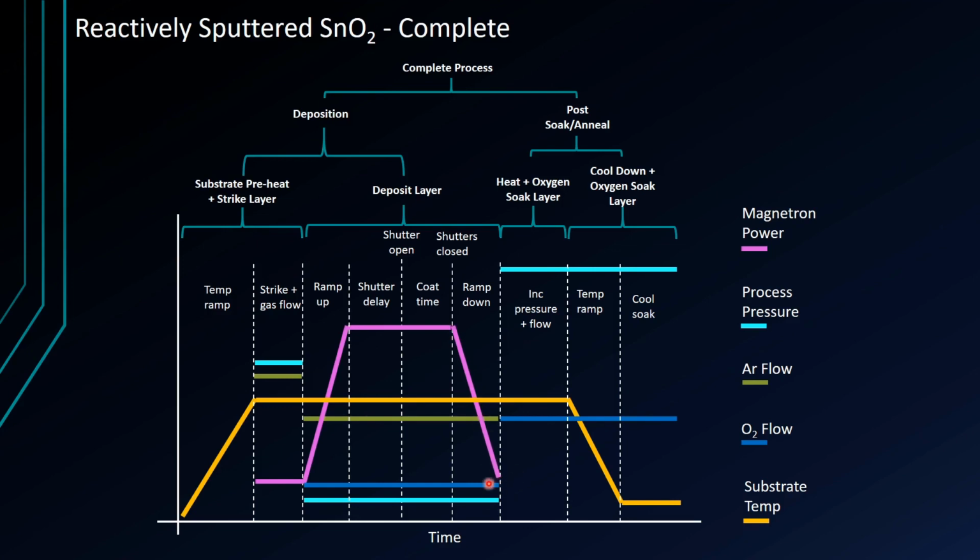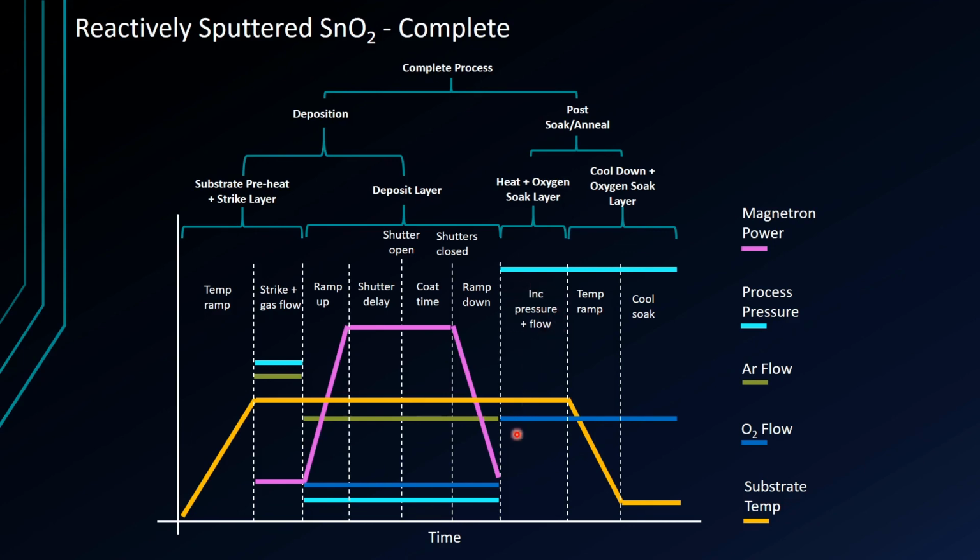Once we ramp down, we've cut the power, so the layers after this don't have any power to the target surface. We immediately knock this all the way up here, our process pressure. We increase our oxygen flow quite a bit, and then we have our heated oxygen soaking.